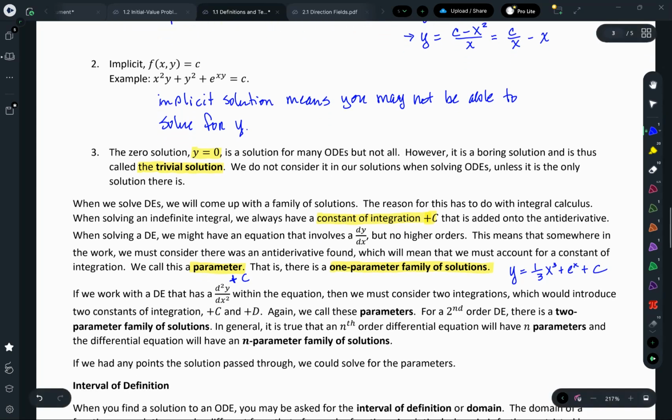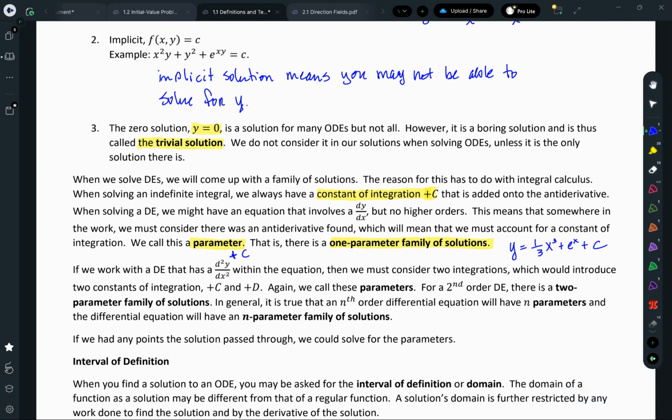But if we work with a differential equation that has a higher order within the equation, like a second order, then we must consider that there could have been two integrations, which would give us two constants of integration, plus c and plus d.